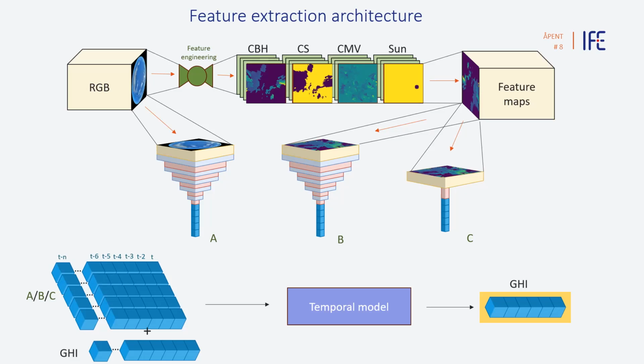We then take either of these options and give them to a temporal model to try to predict the GHI. We stack these features with historical GHI, so it's an autocorrelated model.